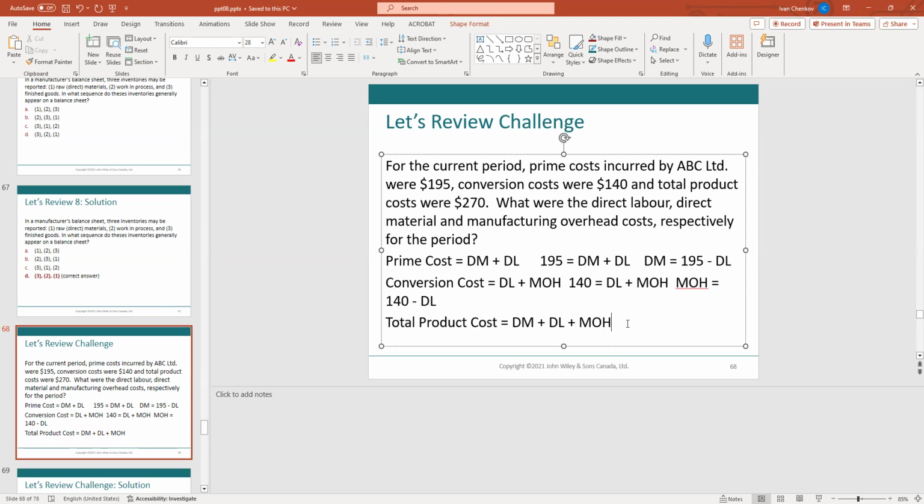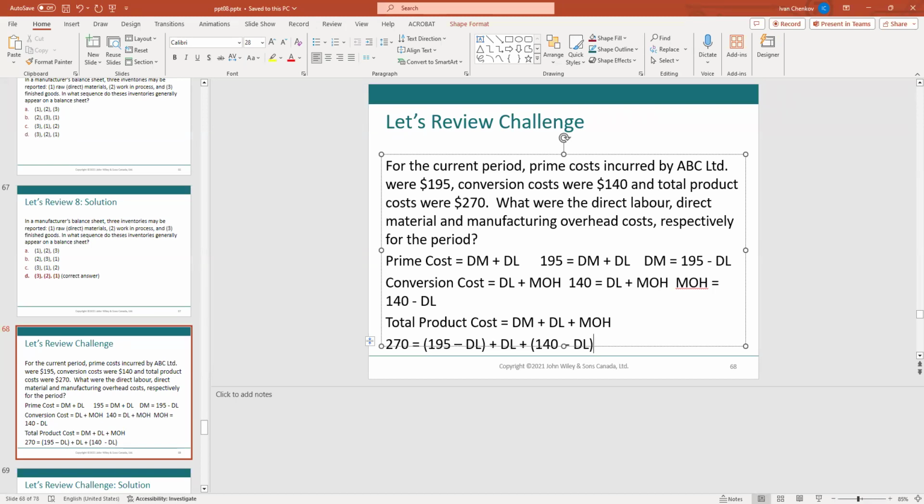Now, in this formula, I can start expressing. I know my total cost is 270, and that should be equal to direct material, which is 195 minus direct labor, plus direct labor, plus 140 minus the direct labor.